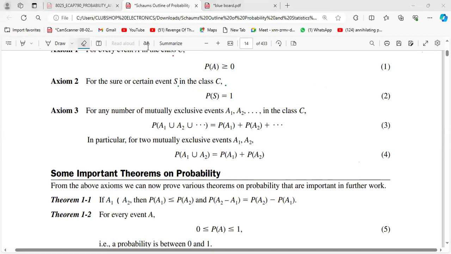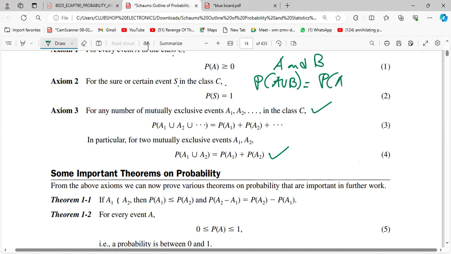Okay, so that's what we mean here by this axiom. So take note. For example, if A and B are mutually exclusive, it simply means probability of A union B is equal to probability of A plus probability of B. Union is the same as or, and in this case, we add probability.